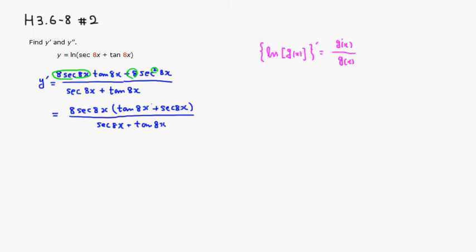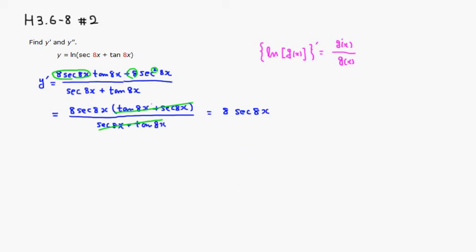Then you notice that here you have a secant of 8x plus tangent of 8x. You can cancel this and that out, right? Then this comes out to be 8 secant of 8x, right?